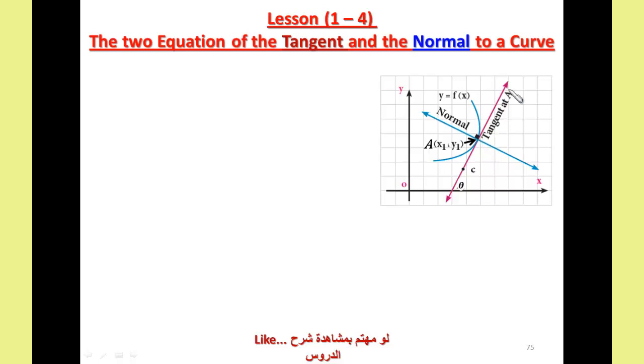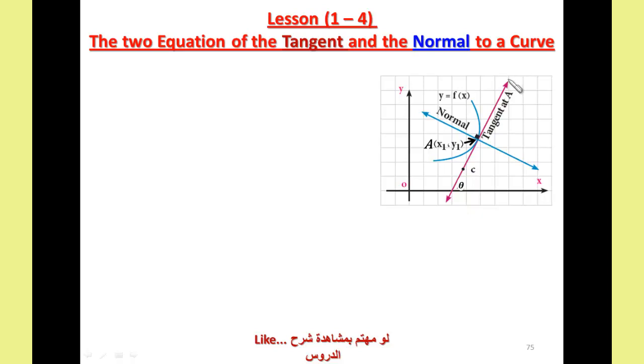The slope of this straight line, the tangent, equals dy dx, the first derivative of the equation of the curve. So dy dx equals the slope of this straight line.